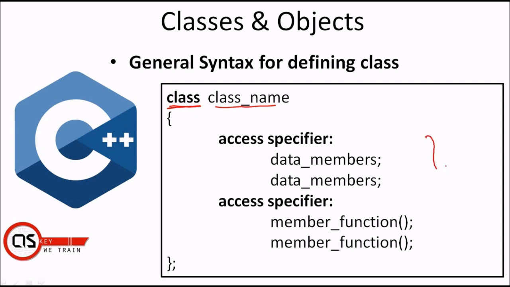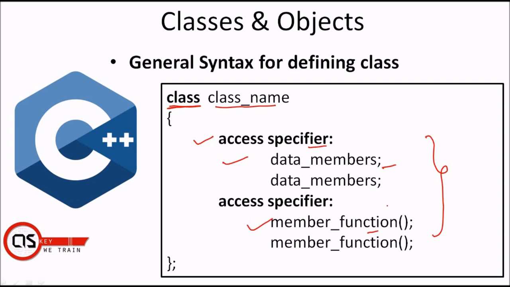Now these are the elements of your class, which are enclosed within curly braces. The elements of your class definition are access specifier, data members and member functions. I shall be telling you what this access specifier is in the later slides. What are these data members and what are these member functions?